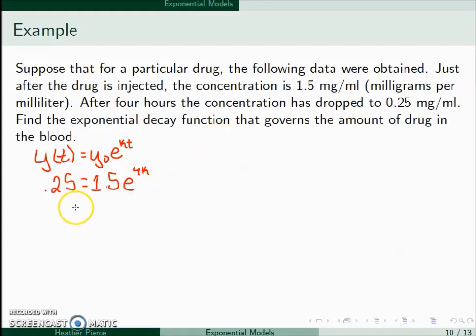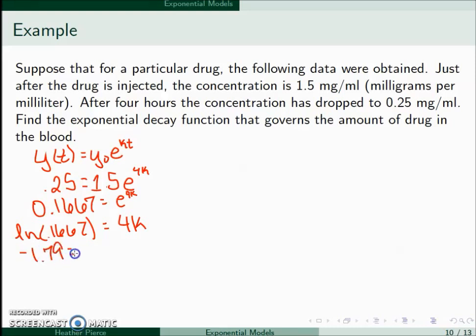Dividing both sides by 1.5 gives me 0.1667 is equal to e to the 4k. I can take the natural log of both sides. The natural log of e to the 4k is just going to be 4k. So this gives negative 1.79 equal to 4k.